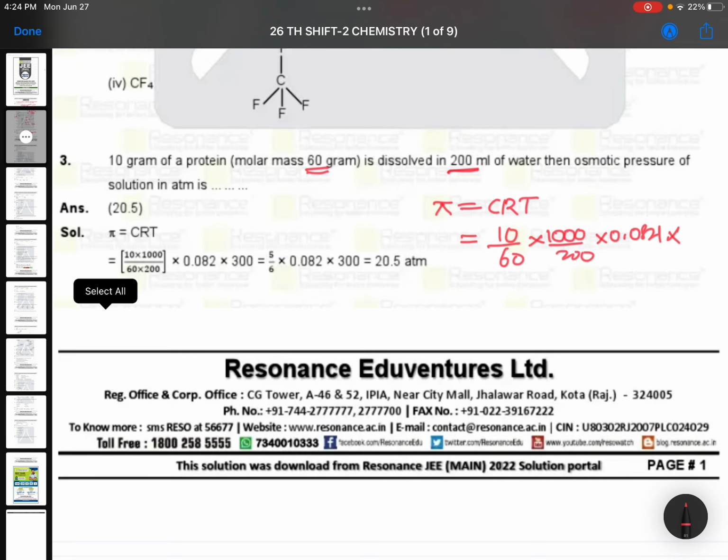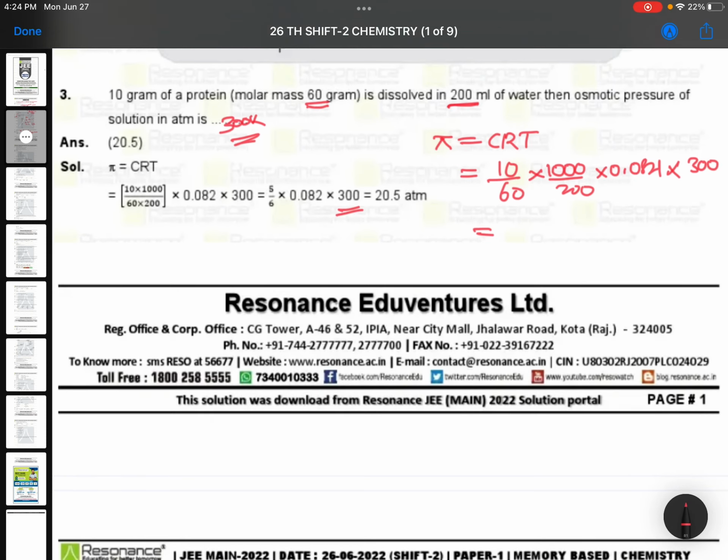Nothing is mentioned, temperature should be given here. Better to take 300 Kelvin. As I told you, in memory based questions small corrections we need to check. If you solve this one, you will get the right answer, 20.5. Direct question, formula based question. Topic is solutions, class 12.